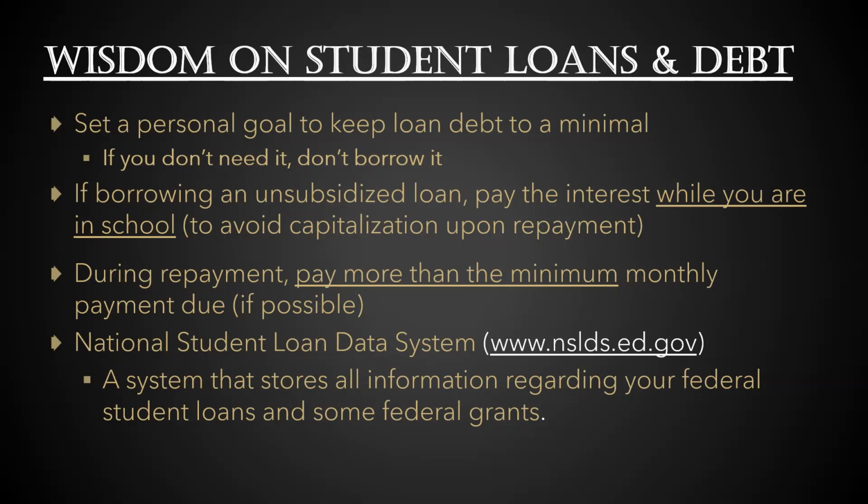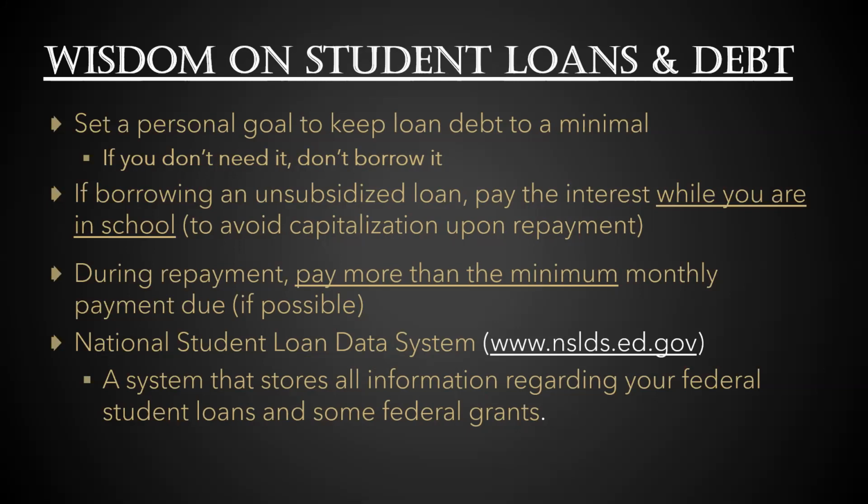What happens upon graduation is the interest that accrues over the years that your loan is in deferred status. Interest is accruing. Once you graduate, the amount of interest that has accrued over those number of years is added to the principal amount of your loans, which is the amount that you actually borrowed.